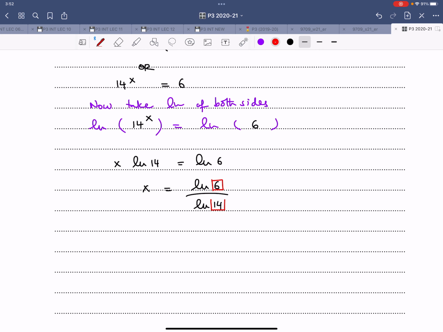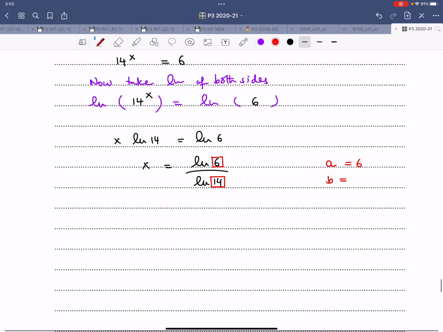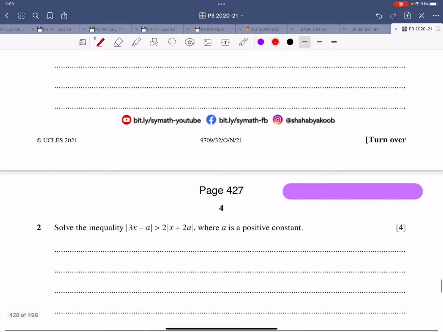We don't have to state it separately, but even if we do, that's a good habit. a comes out to be 6. a is at the top and b is at the bottom. The value of b comes out to be 14. So that's a simple question of logarithm in which the answers are given in the exact form. So 6 is at the top, 14 is at the bottom.